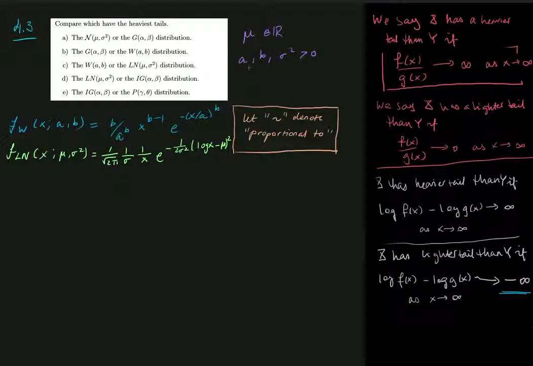So let's try to just go forward as we have done before, where we consider the ratio between the two densities, and I will call the ratio h of x.